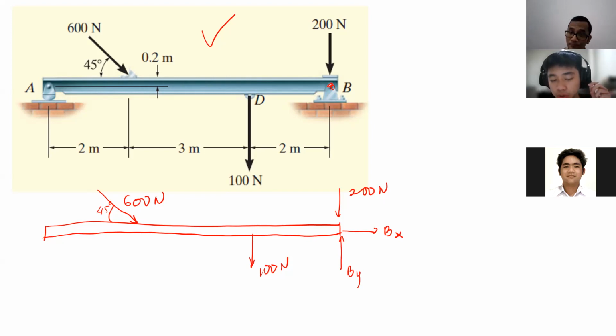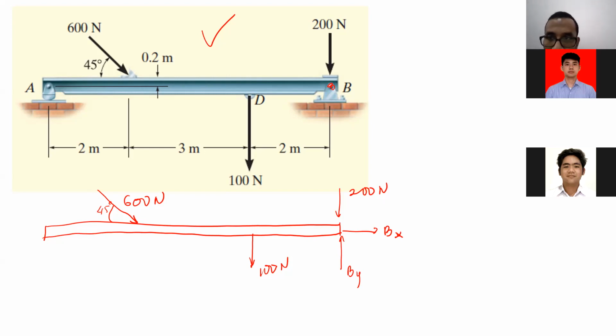So basically, when you draw the external forces, when you draw the reaction forces Bx and By, the direction that you draw them is actually up to you, as long as By is vertical and Bx is horizontal. By can be going up or going down. Bx can be going to the right or going to the left. It's up to you guys.